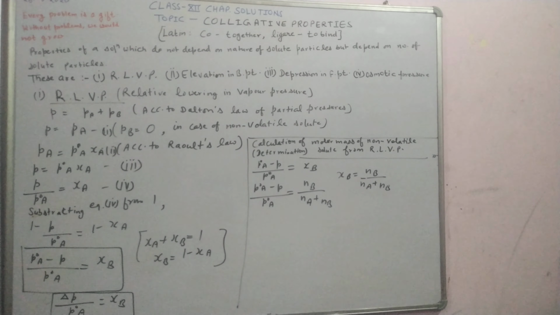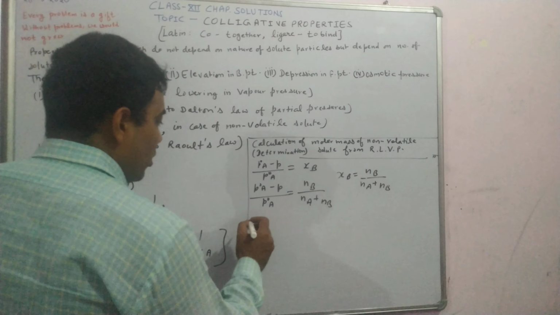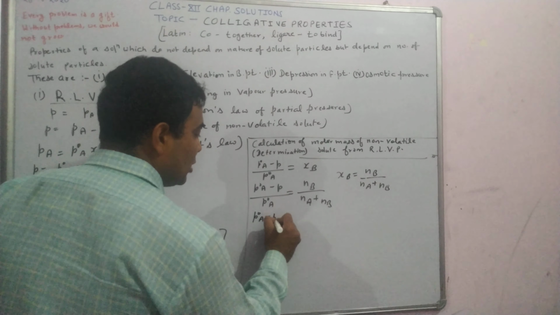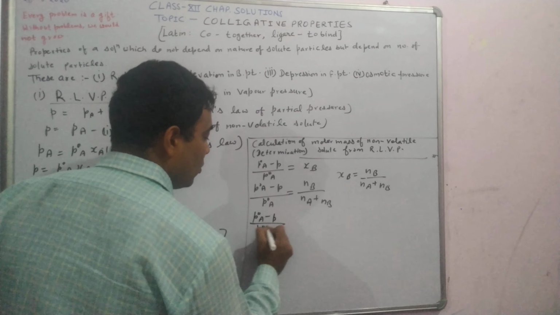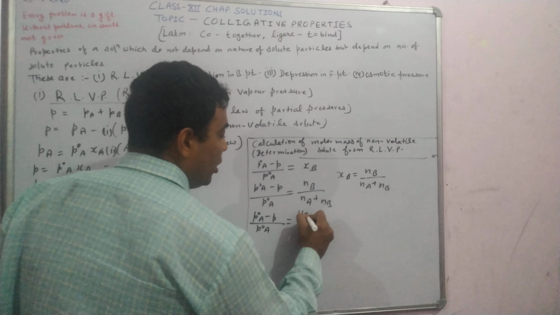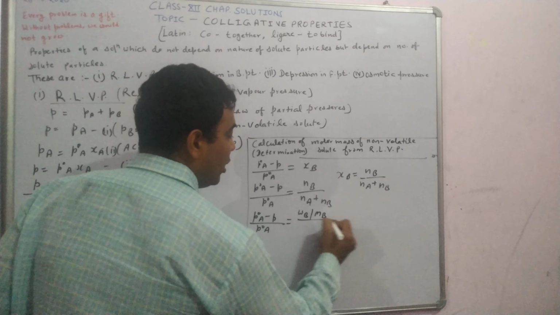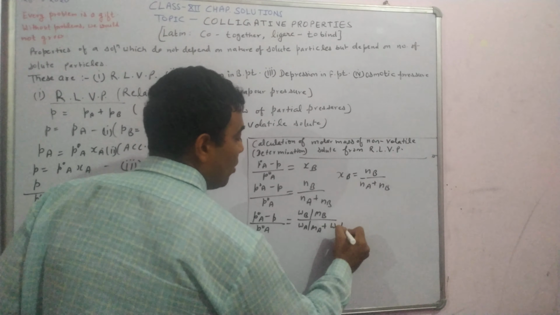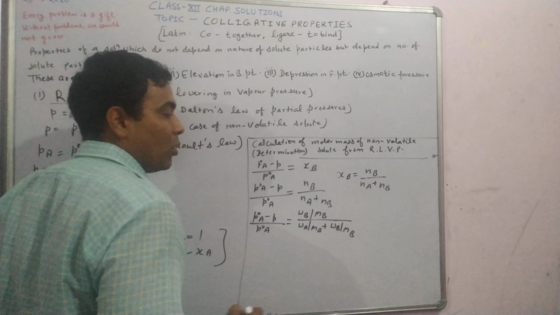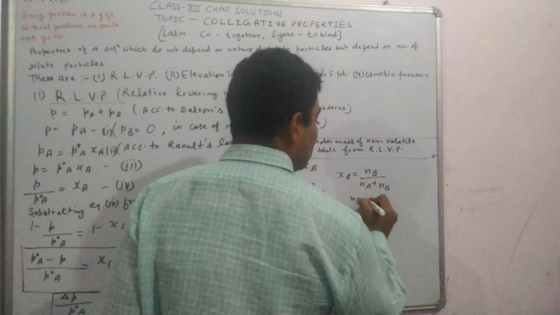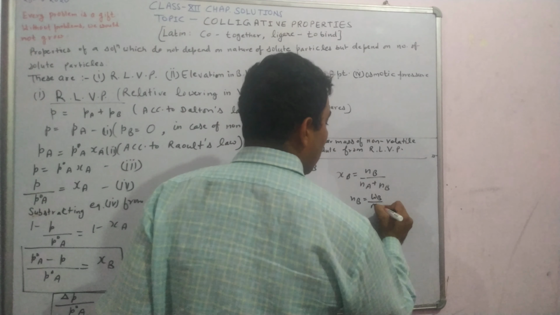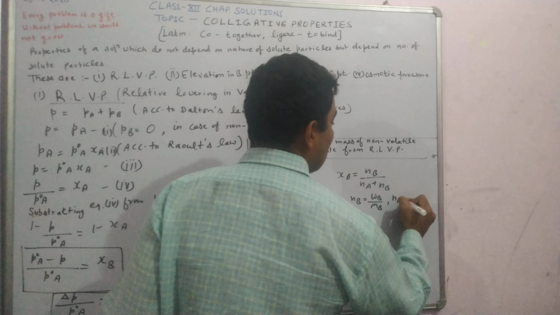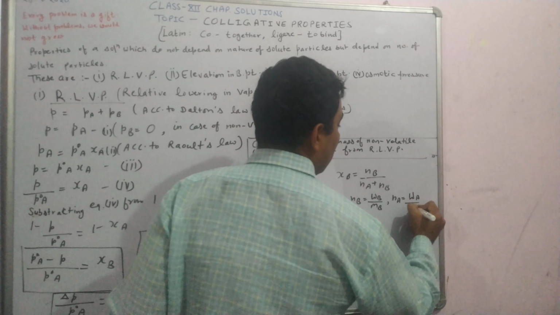Now we can change this equation as well, and it will become P node A minus P divided by P node A equal to WB by MB divided by WA by MA plus WB by MB. Why? We know NB is equal to WB by MB and NA is equal to WA by MA.